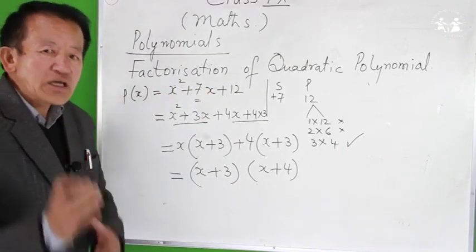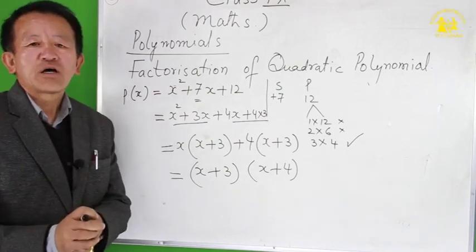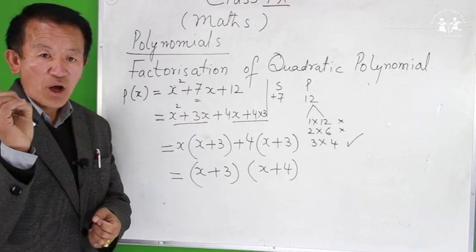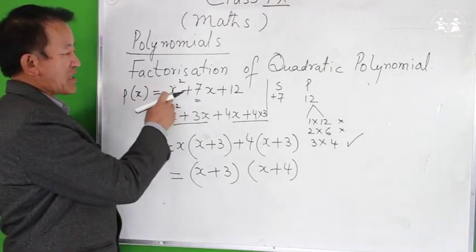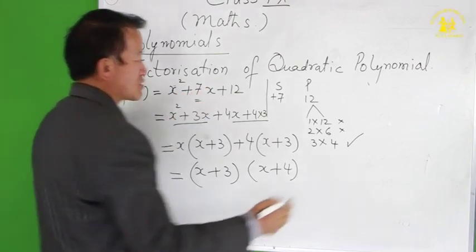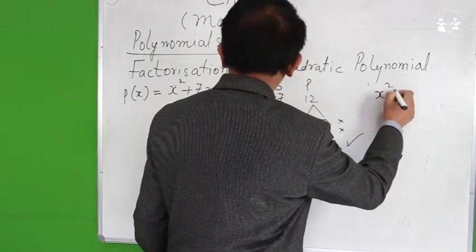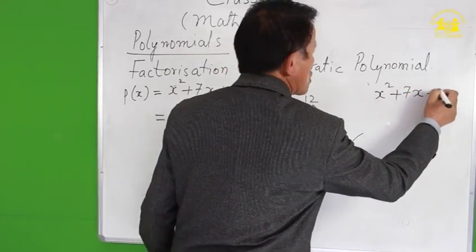So during the examination, for questions carrying 1 mark, if we are asked to find the factors of x squared plus 7x plus 12, I would suggest this.